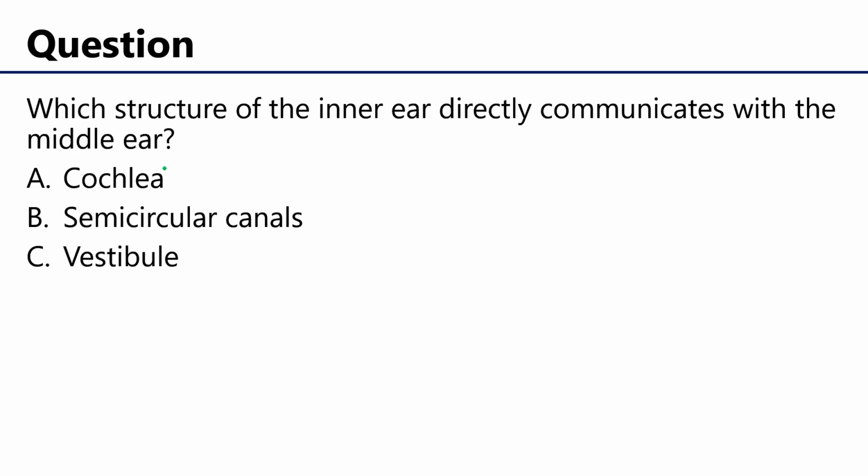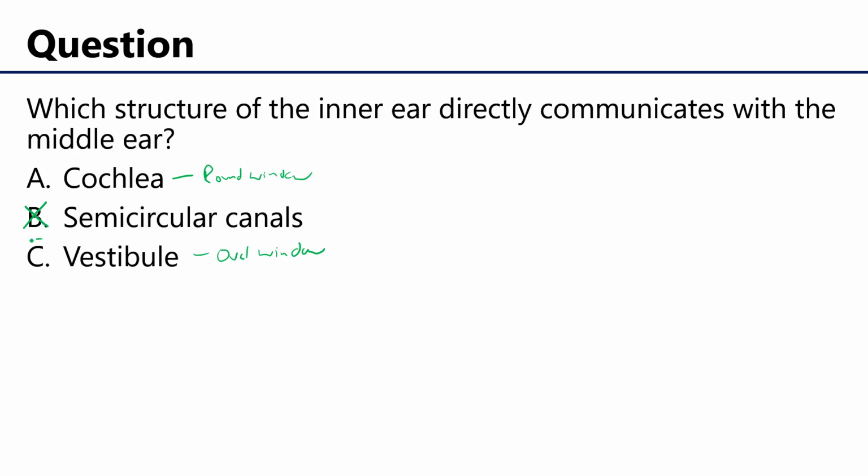Well, semicircular canals communicate with the vestibule, and it really comes down to what one means by directly communicates, because the cochlea has a round window and the vestibule has the oval window. Both are communications between the middle and the inner ear.